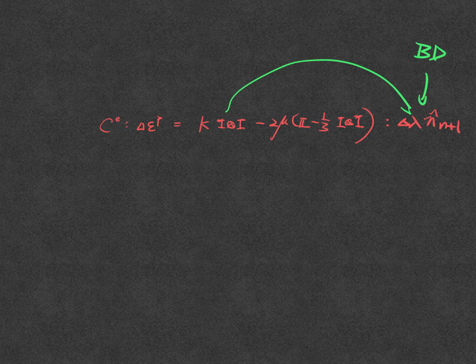How about the second term? Two mu delta lambda times n plus 1. That's absolutely correct. For this term, we just take out the fourth order tensor product by definition, and then I will just have this. Is that magic?